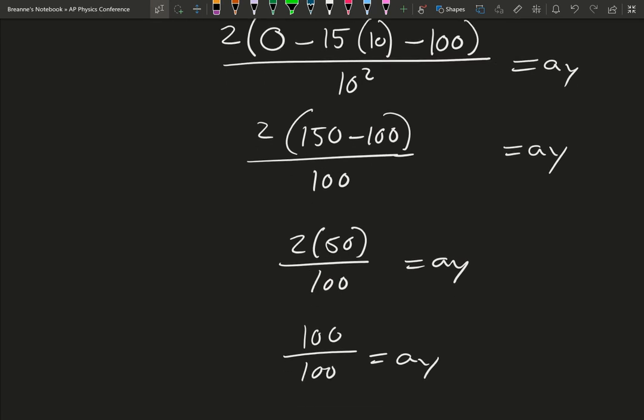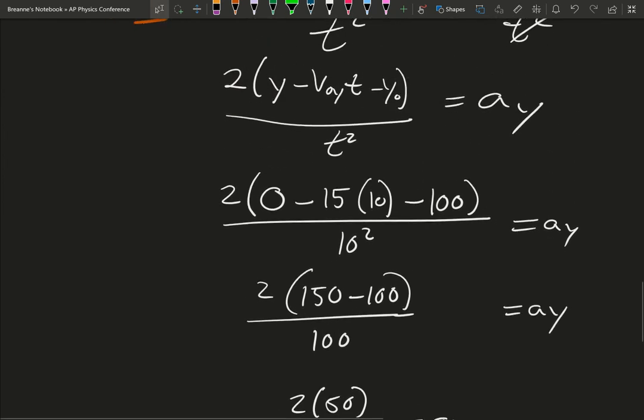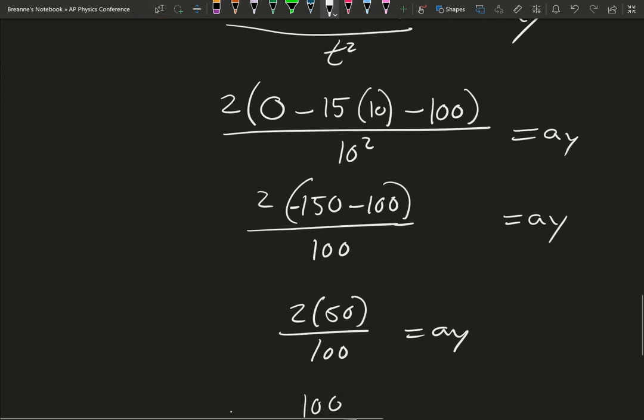So you're getting 1. I feel like I messed something up mathematically. I lost my negative. That's what I did. Right there, see, there's a negative here. That negative has to come down.